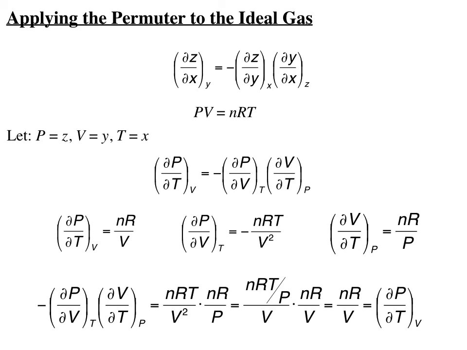Not really a big trick. For V squared, I took the V squared out and I put in V is equal to nRT over P for one of those V terms. And I get the expression that you see simplifies to show that both sides of this equation are in fact equal.